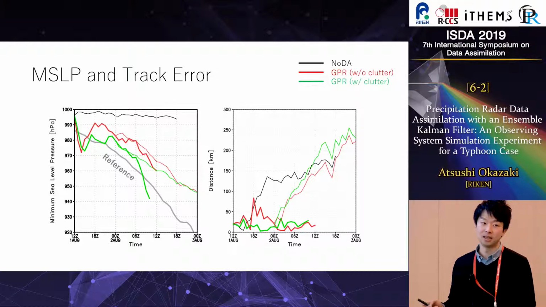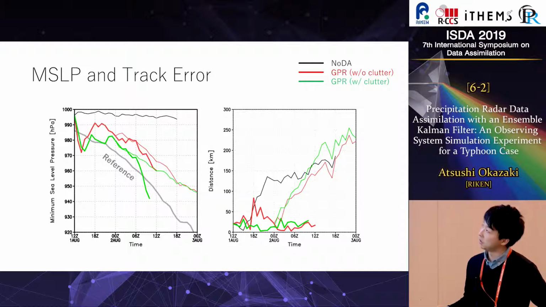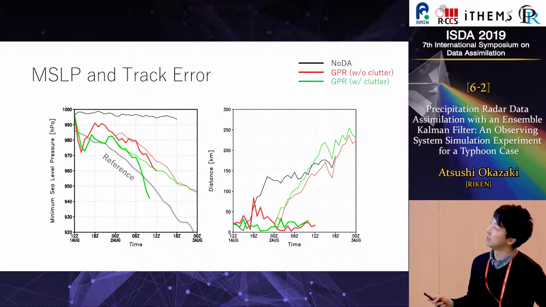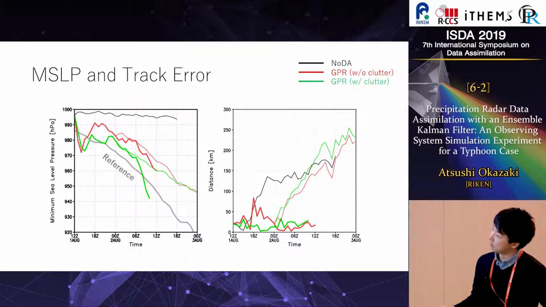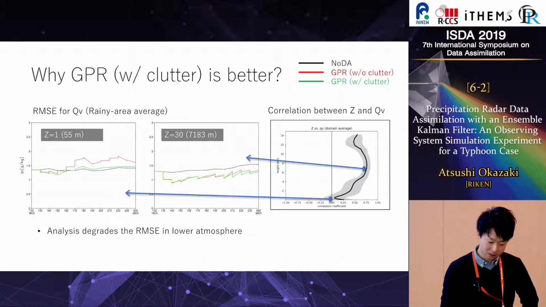This is a little bit interesting or surprising because the number of observations in the green experiment is smaller than in the red one. And also, as I said, when the forecast starts, the track error grows rapidly. That is also a point we have to investigate.